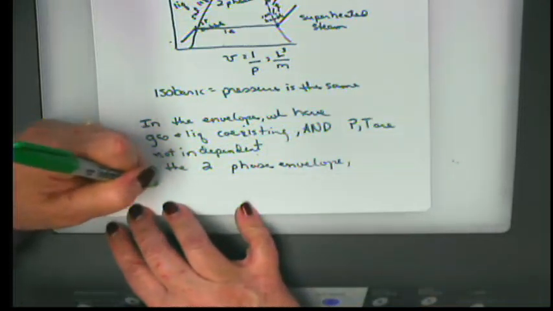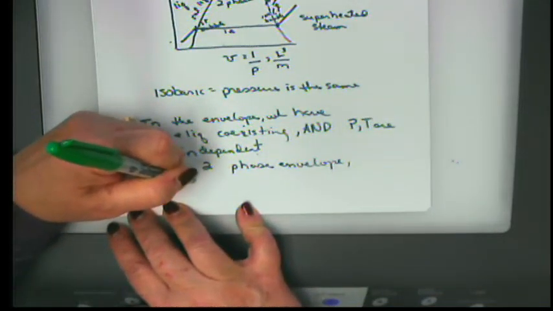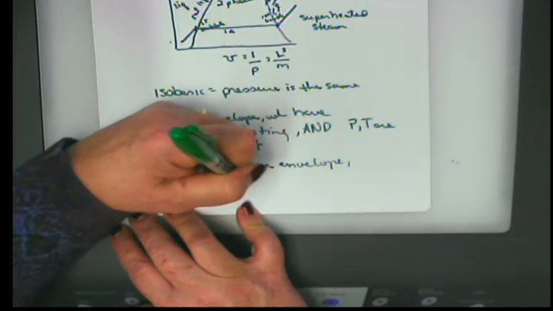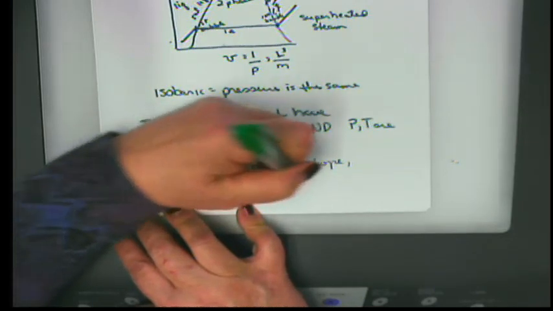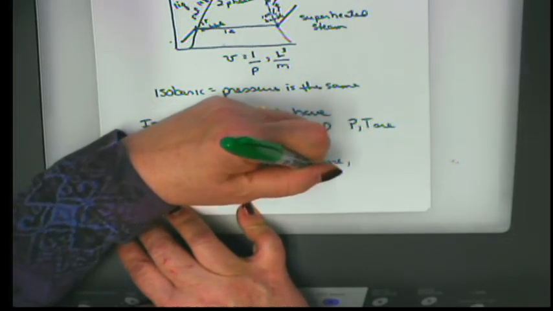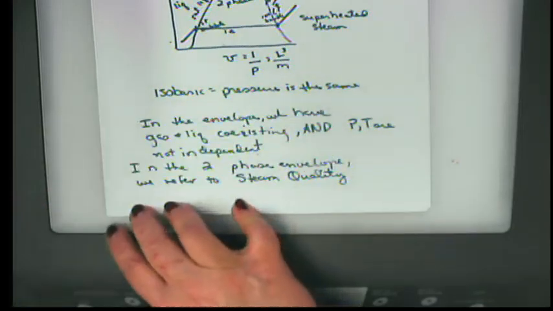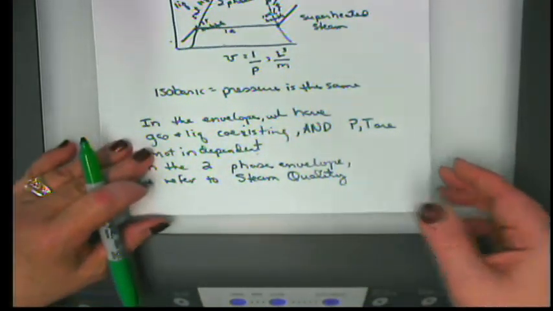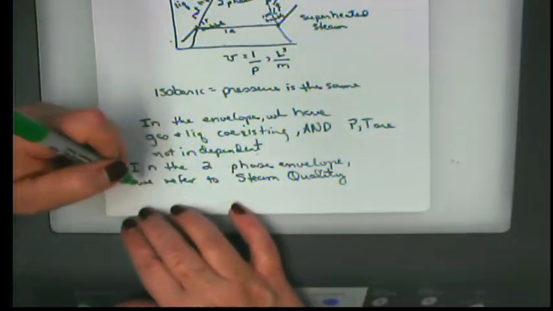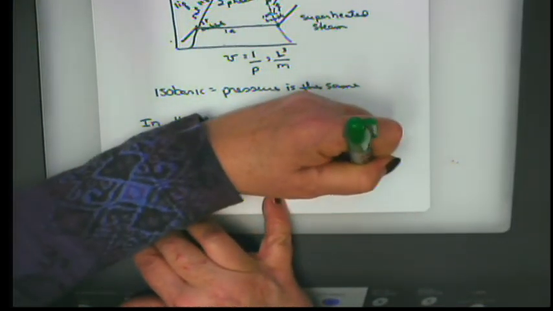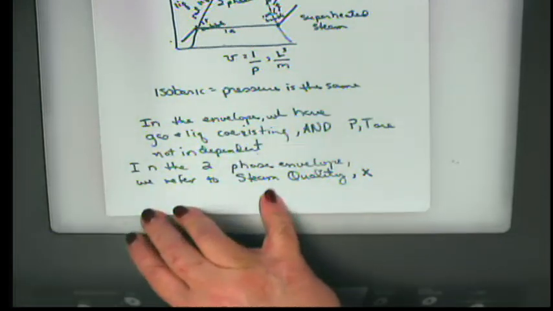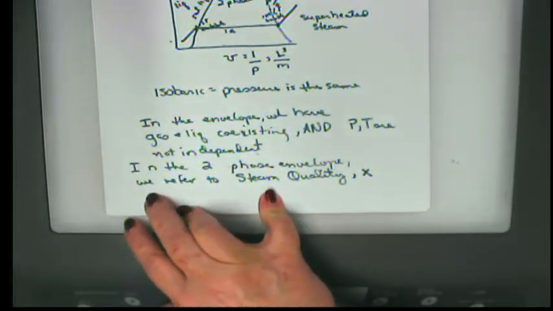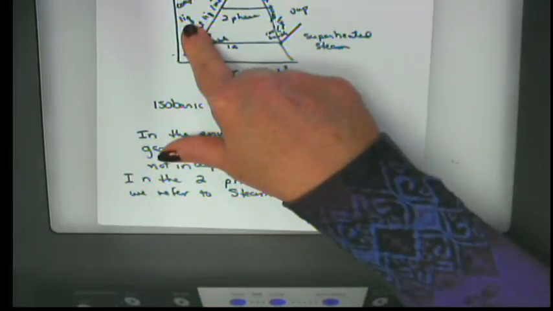We refer to something called steam quality. And this becomes a very important determination of independent variables within the two-phase envelope. Steam quality, which is designated by the letter X, is not defined for a compressed liquid.